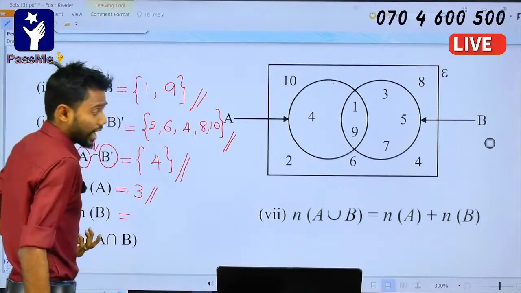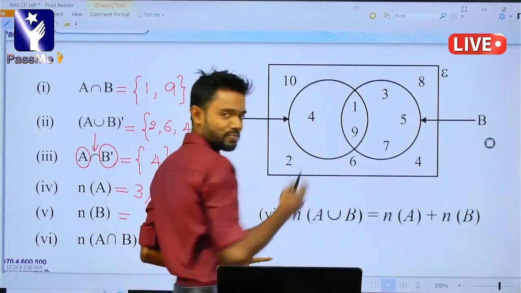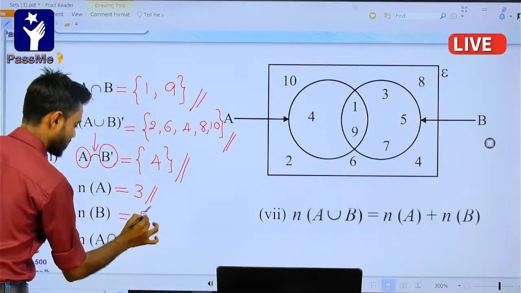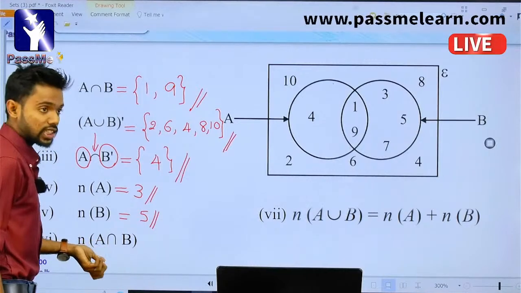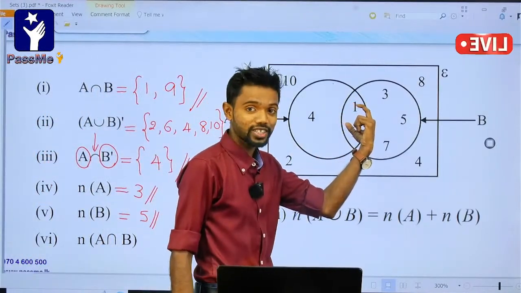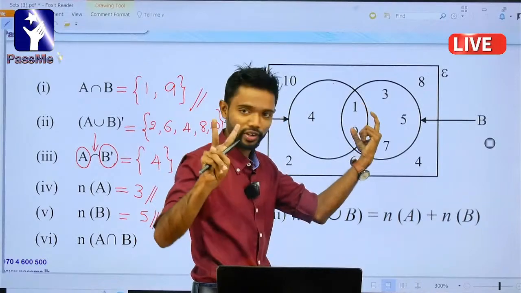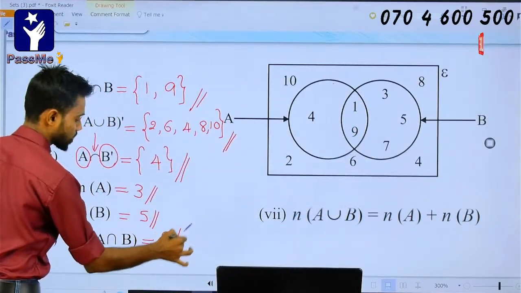And n(B) is the number of elements of B: 1, 2, 3, 4, 5. Very simple. The sixth one: A intersect B means common to both. Number of elements, not the elements. The number of elements is 2: 1 and 2. There are 2 elements.